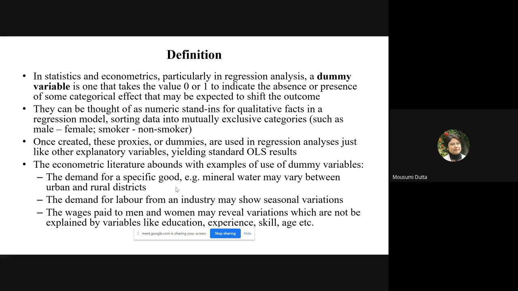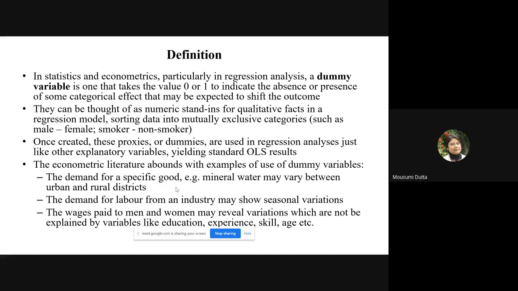If you think about agriculture, you will get more seasonal fluctuations in the labor demand. Think about demand for umbrellas. It will also vary season-wise. Think about woolen garments. It will also vary season-wise. So for a number of commodities, we will get this kind of seasonal variation in the demand.